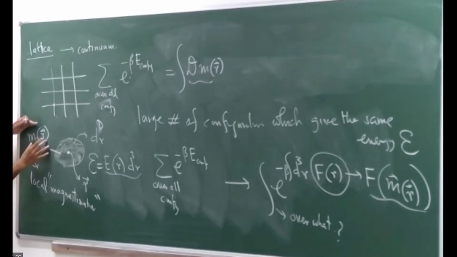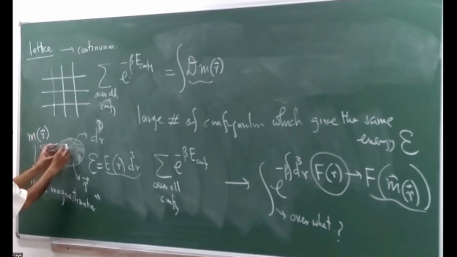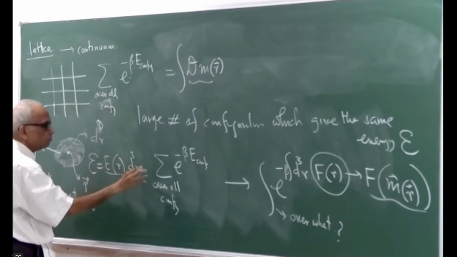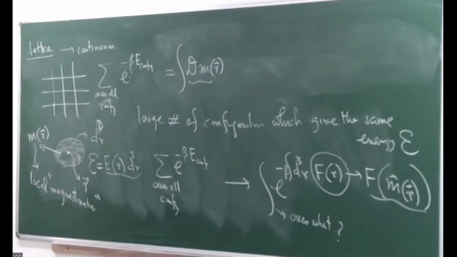m of r is a function. This is the local value at this point r, but the total specification means I need to know m here, m here, m here, m here. And at every point, m of r can be anything. So I have to sum over all possible values of m of r at every point in space.